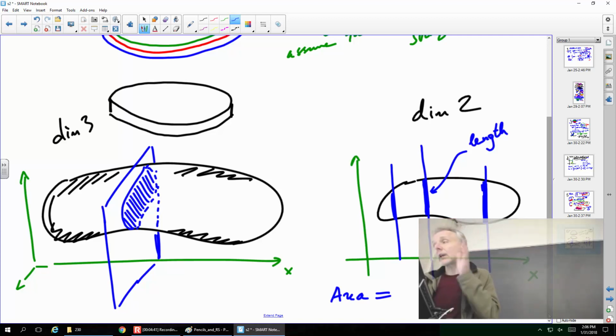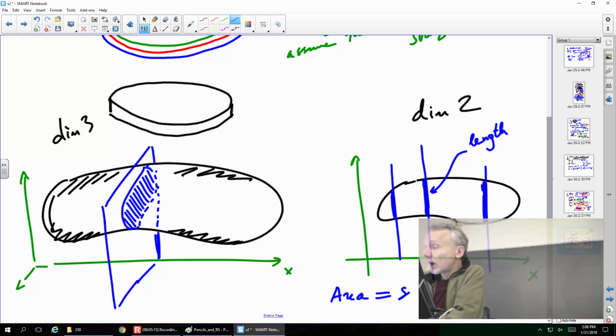Imagine that I'm slicing not in a continuous manner, but in intervals. Then my area on the right is split into slices, and the area of each slice will be the width times the height, and the height is that length over there.